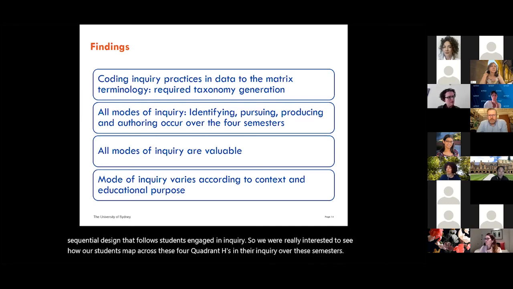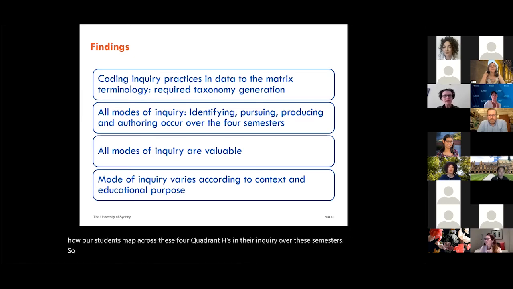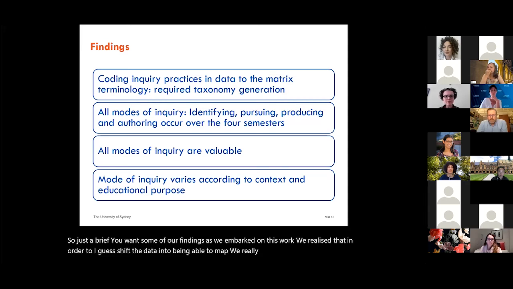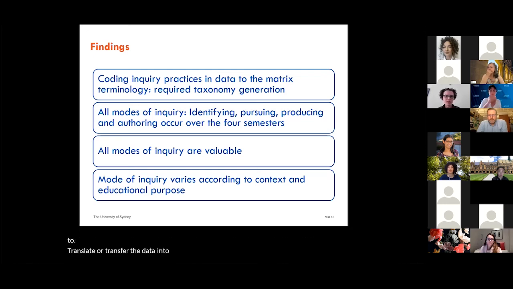Just to brief you on some of our findings, as we've embarked on this work, we realized that in order to shift the data into being able to map, we really have done a lot of thinking about how to go about this, and we've been generating a sort of taxonomy to be able to translate or transfer the data into the matrix terminology.